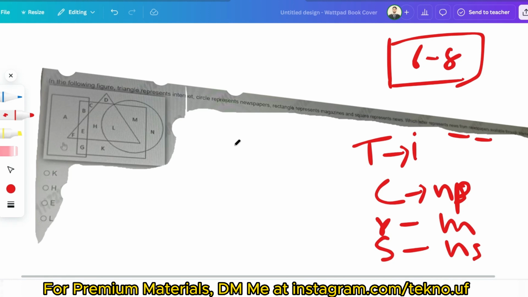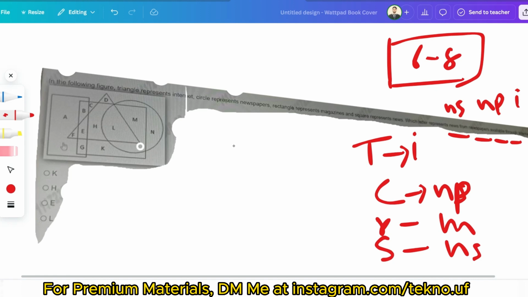Which letter represents news from newspapers available through the internet? It is not properly visible for me as well. So I hope you understood which letter represents news from newspapers available through the internet. You have to get the answer.